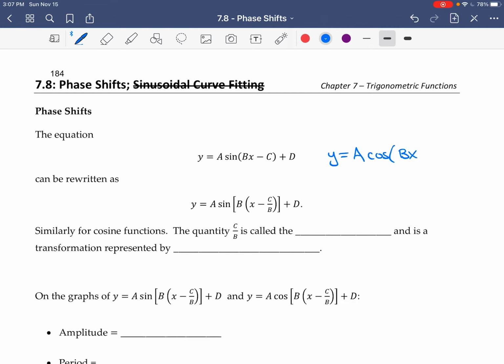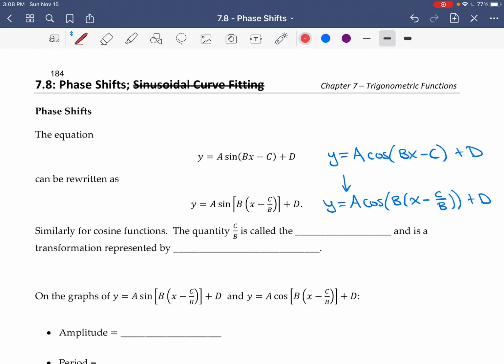So there's an a times the trig function, sine or cosine, of bx minus c, plus a d on the outside. To talk about the period and the phase shift, you actually want to factor out that b from the inside. So we pull out the b, and then I just have x, but instead of minus c, I have minus c over b.